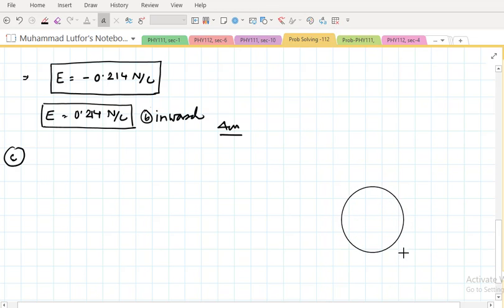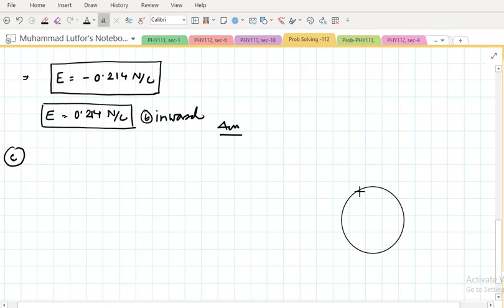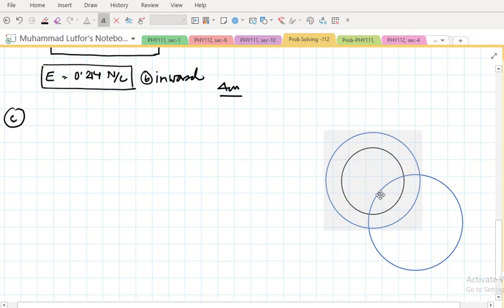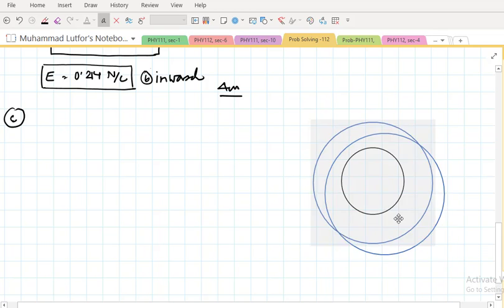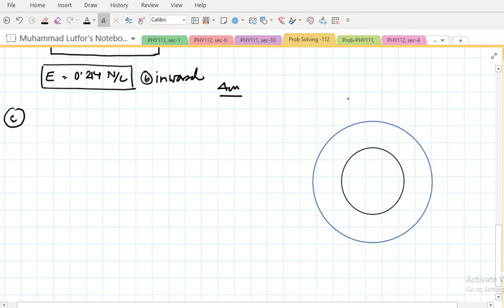Say for this case, this is my R1, this is Q1, this is R2, and this is Q2.